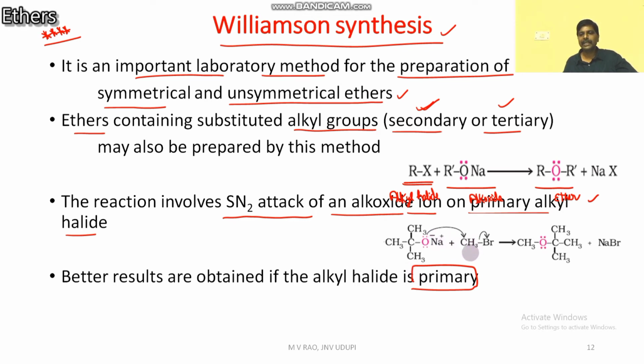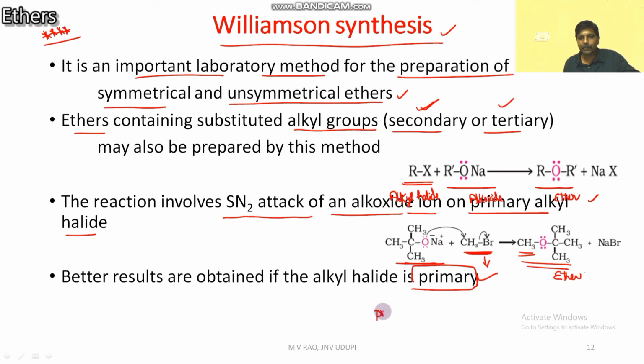So you can take alkyl halide as methyl bromide, and the alkoxide is a tertiary alkoxide. You will get ether. You have to remember the alkyl halide is primary. In this ether, one is a methyl group, and the other is a tertiary alkyl group.